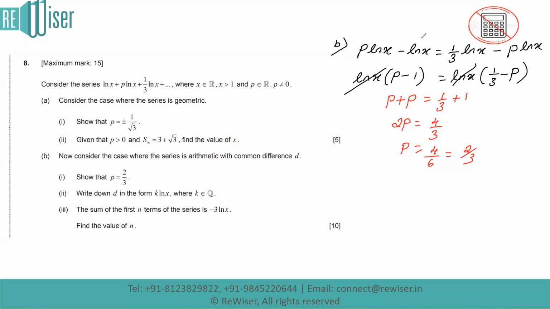Actually there are 2 marks for this step. And 1 mark is for cancelling out ln x and getting these types of steps. So that's how the 3 marks are distributed for this part.